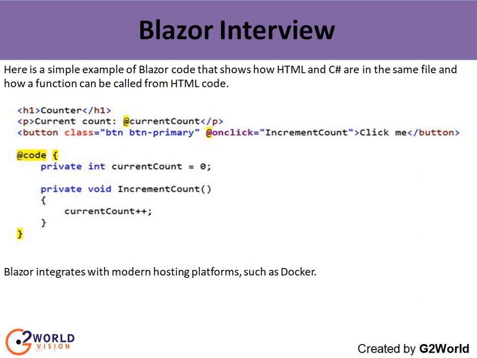Here is an example of Blazor code that shows how HTML and C# are in the same file and how a function can be called from HTML code. There is code which is HTML code with C# code. Blazor interacts with modern hosting platforms such as Docker.